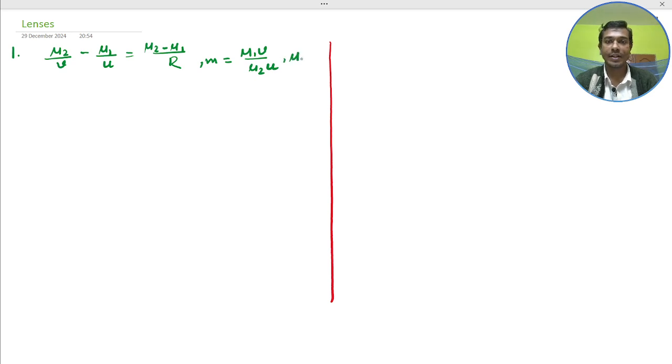Here the condition is that mu2 is greater than mu1. I am not drawing the figure here, you just imagine.